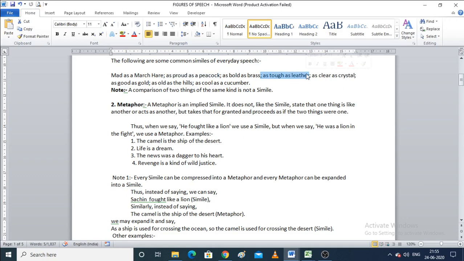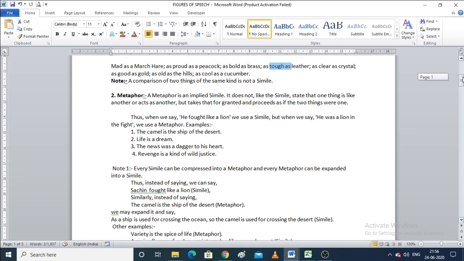So we are comparing a human, a wrestler, the Great Khali, with leather. Is he leather? No, right? Leather and the Great Khali, who is a person, they both are different things, but still we are comparing Khali with leather. So what we are doing is comparing two different things and using the word as. Fine. I hope the first one is clear to you all.